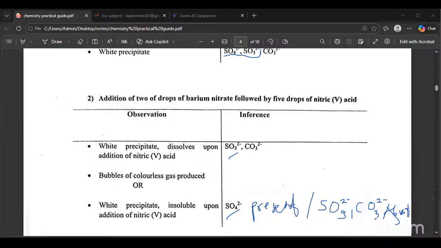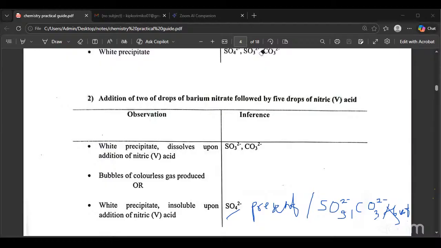That is very important. I'll share these notes after this. Mark. Sorry? Suppose I have said that when the white precipitate upon adding nitric acid is insoluble, if I write sulfite ions without writing carbonate absent, will I get full marks? You'll get the full marks. There's a reason. This one is normally very special.